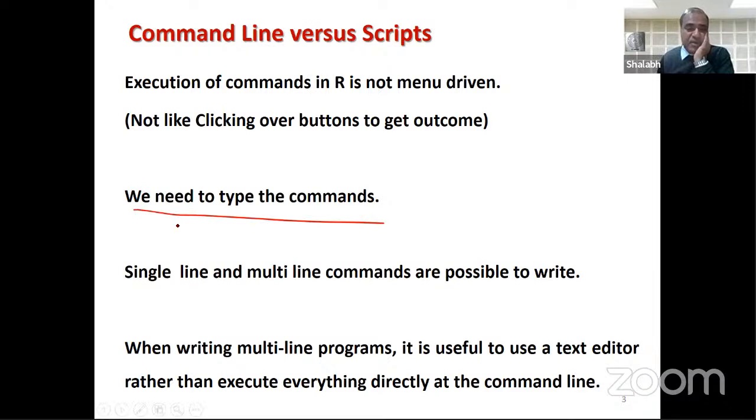Single-line and multi-line commands are possible. And when you are trying to write a multi-line program, then you need a text editor in which you can write the program, and when you execute it, you will have several options, like getting the graphics, saving the file, and many other things.